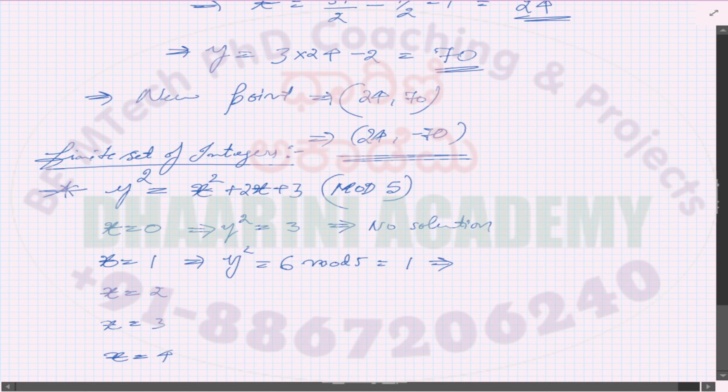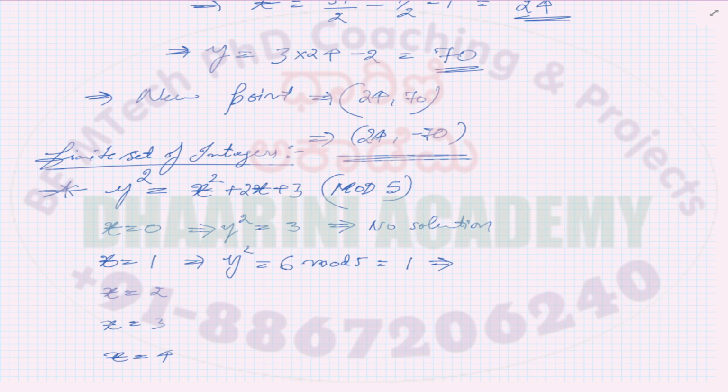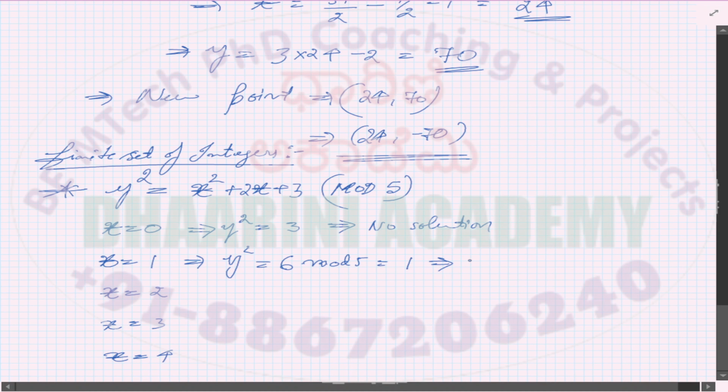For some values of y greater than 0 and lesser than 4, y square becomes 1. Take 1 as an answer: 1 square is 1, it is true. So y equal to 1 is an answer. Also take 4: 4 square is 16, and 16 mod 5 is once again 1. So y is equal to 1 and y is equal to 4. We have two answers in this case.